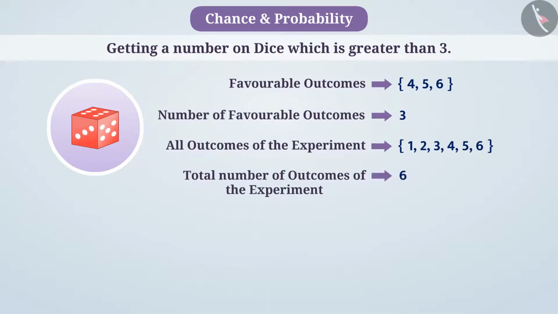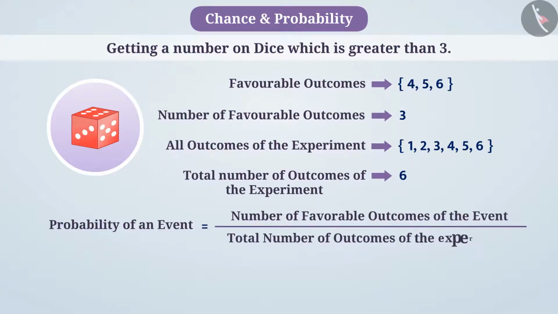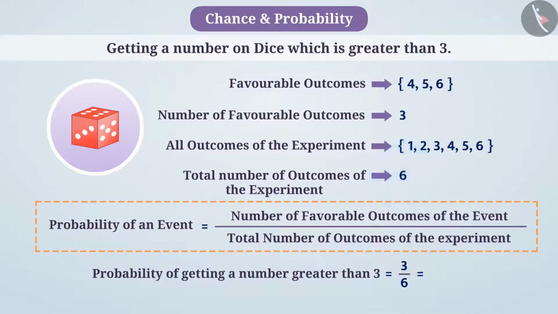The probability of an event is the ratio of the number of favorable outcomes of the event to the total number of outcomes in the experiment. Here, the probability of getting a number greater than 3 will be 3 by 6, which is equal to 1 by 2.